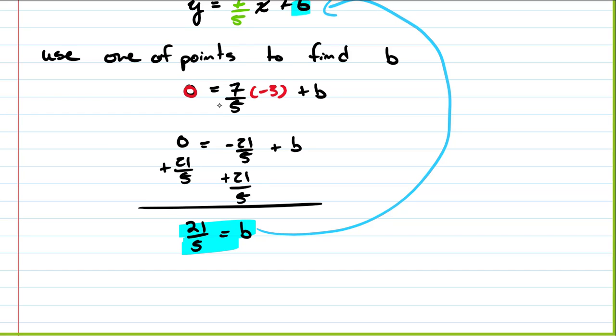So my y is equal to 7/5 x plus 21 over 5. And that would be the equation of our line that contained those 2 points.